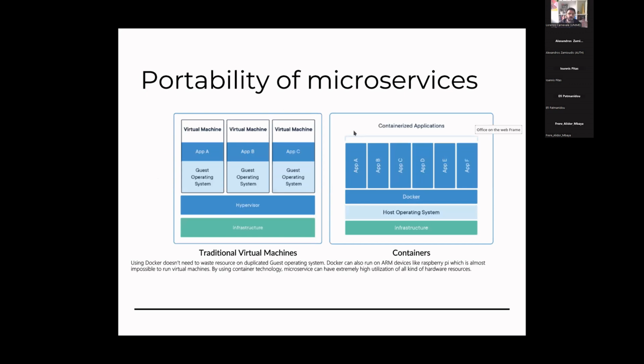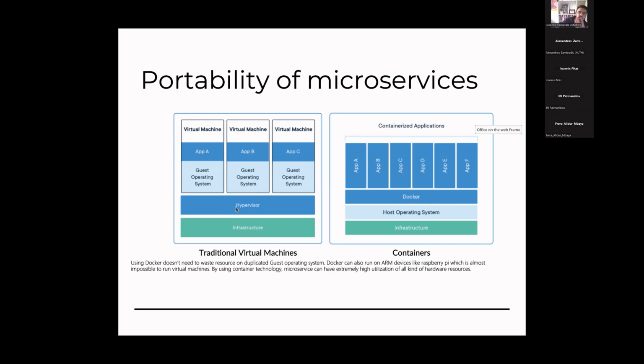Microservices were really the winning approach for making lightweight virtualization. We saw in the first module that the traditional virtual machine is something like the one we have on the left. We have an infrastructure, we have the hypervisor.